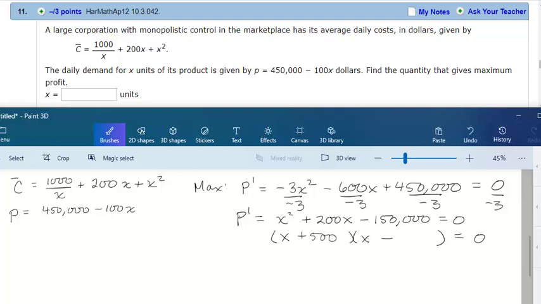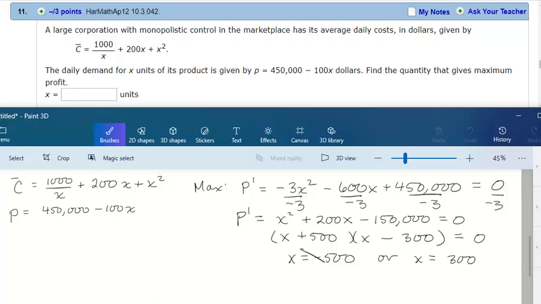Positive 500, negative 300. So x is either negative 500 or x will be positive 300. Even if you can't factor with 150,000s, you can still get these same answers just by using the quadratic formula.